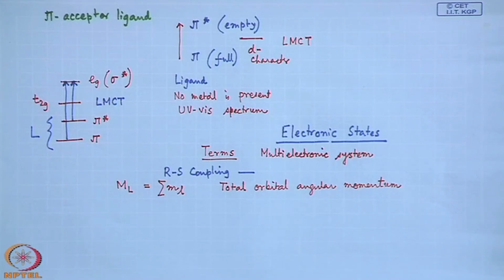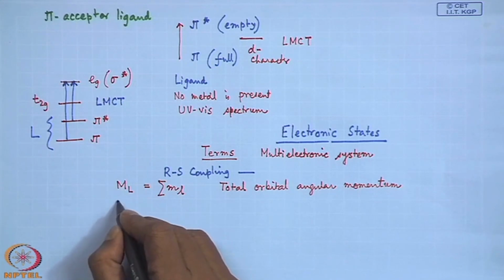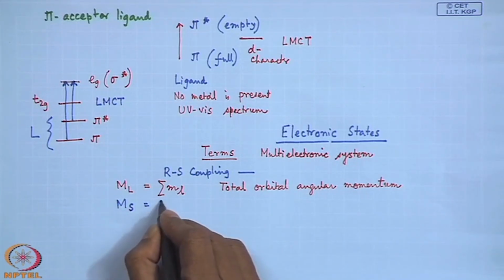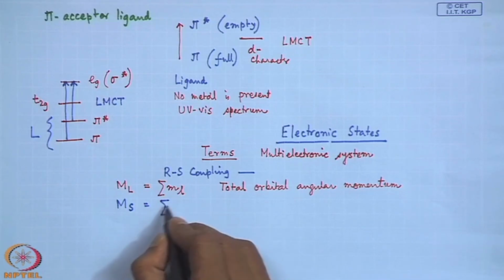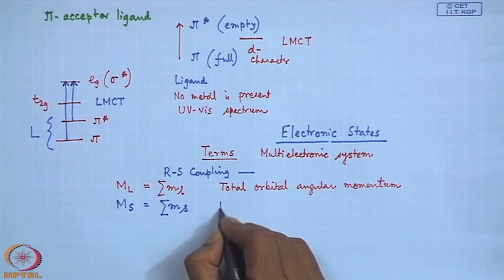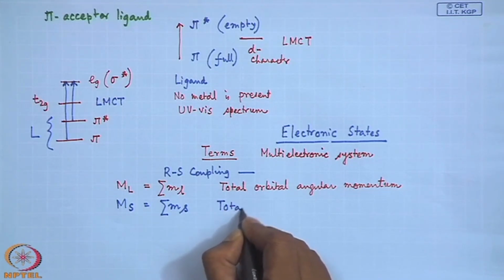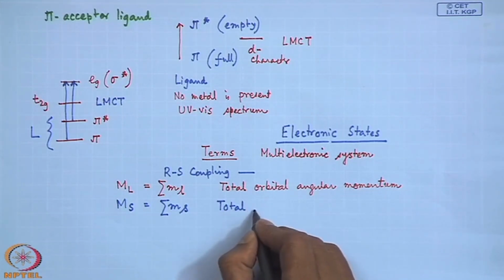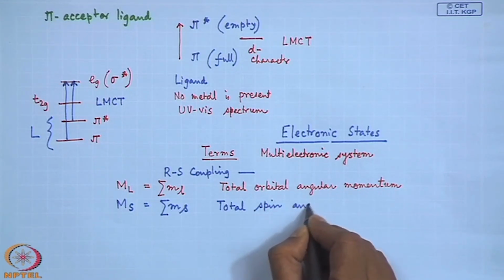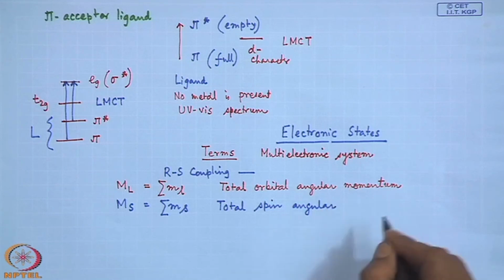In a similar fashion, when we talk about the spin value, the total spin is also the sum over the individual ms values, giving rise to the total spin angular momentum.